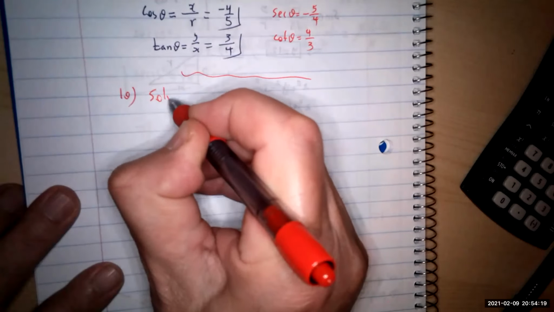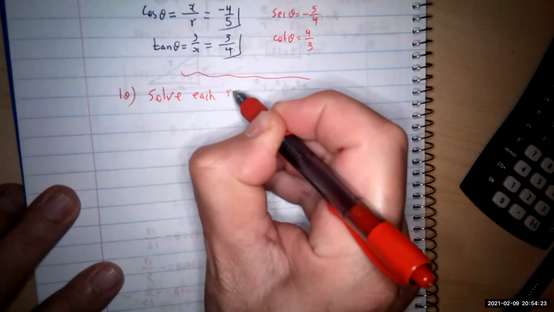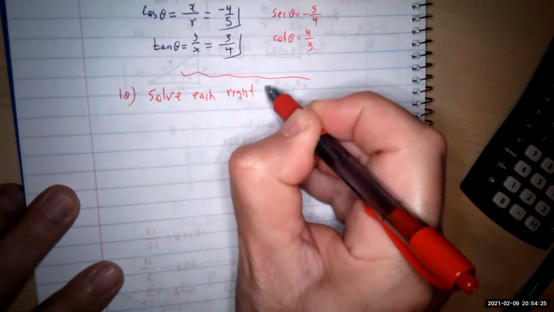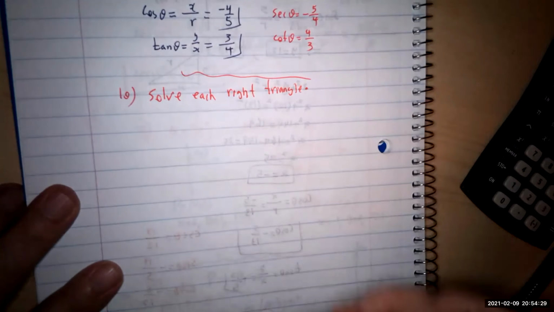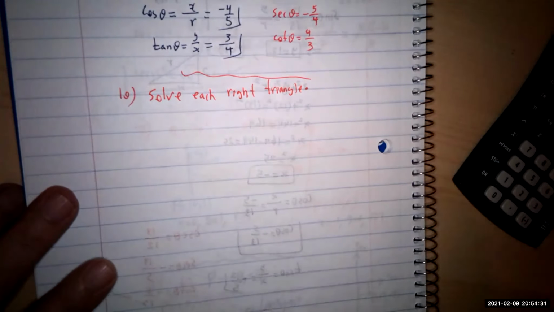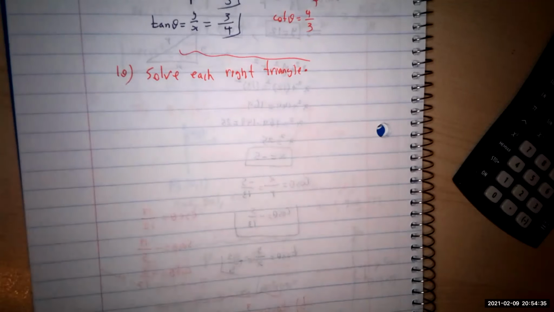Okay, we want to solve each right triangle. We give you the graph of the triangle. Just make sure that you're using the correct notations.